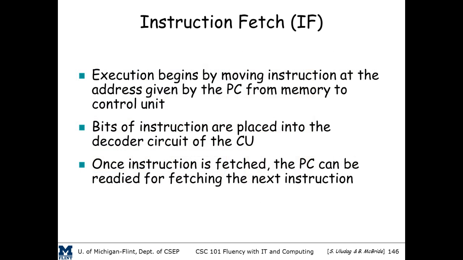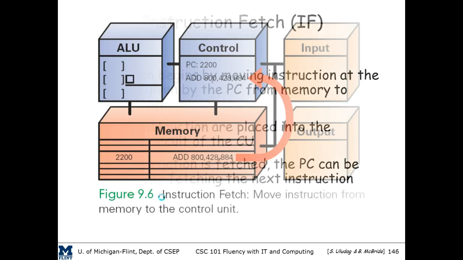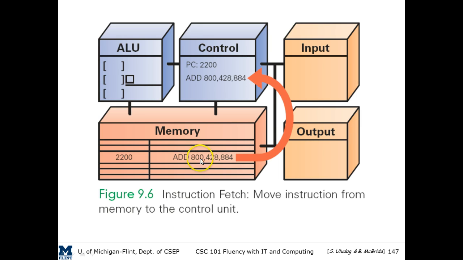What the computer then does is fetch that 4-byte code and load it into the decoder circuit that is going to be used by the control unit to basically pull apart the components of the instruction to figure out what it needs in order to execute. So we see the fetch occur here, and the information is loaded into the decoder circuit.